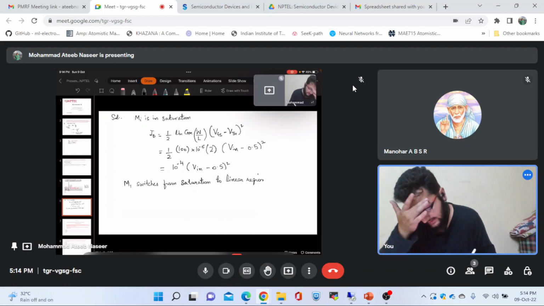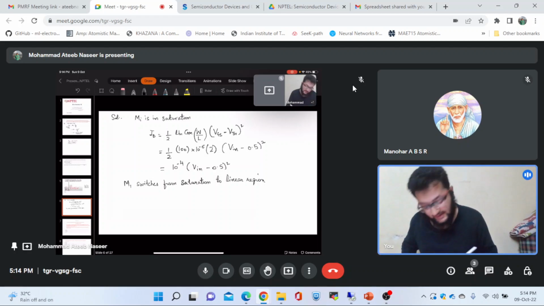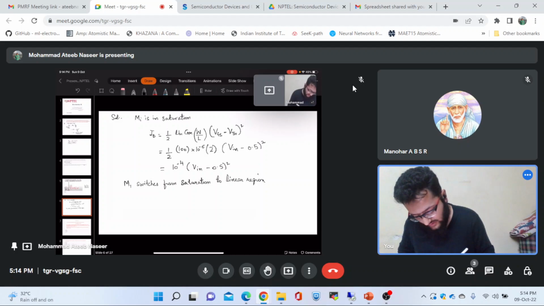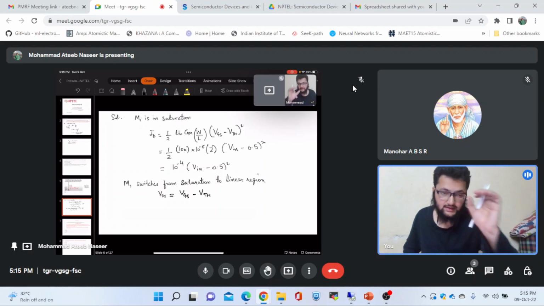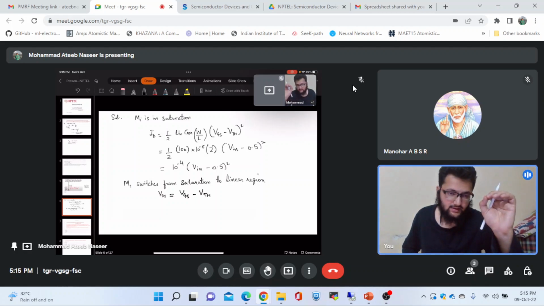We know one thing for sure, that when we have VDS equal to VGS minus VTH, we will be at the edge of this region, just switching from the saturation region to the linear region.